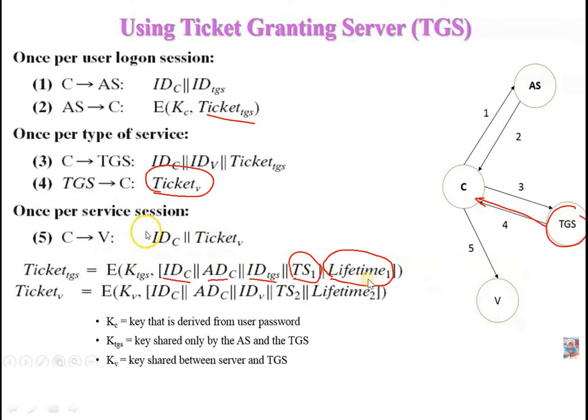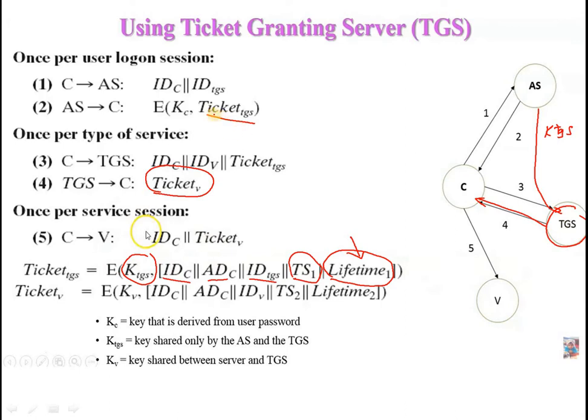Once this lifetime expires, we can't communicate. This whole data is encrypted by KTGS, the key shared between only AS and TGS. KTGS is known only by AS and TGS.